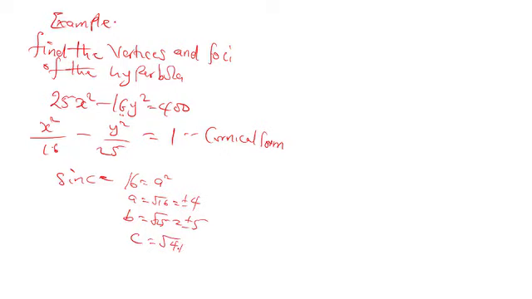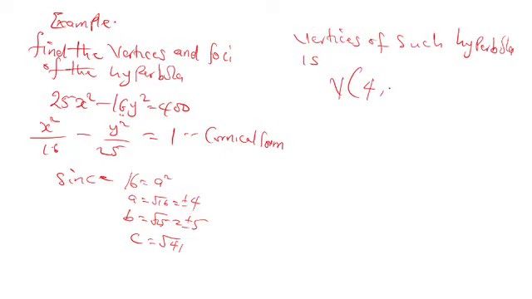Now with this, we can see that the vertices of such hyperbola is V in bracket 4, 0.